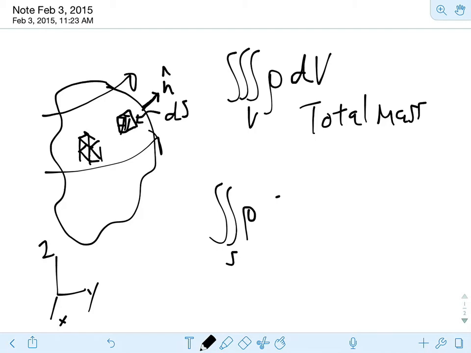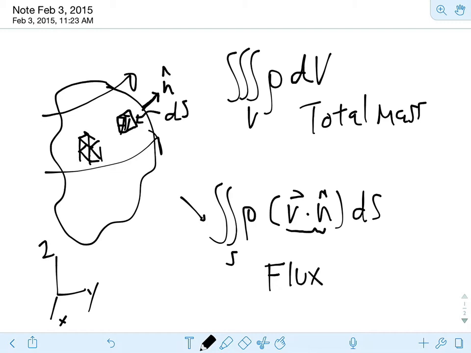And the amount of the flux is the velocity dotted with the normal, dS. So if this is positive, it's positive out, due to the normal convention being positive out. This right here is a measure of the volume flux. V dot n is how much flow you're getting through the surface of the control volume. We integrate that over the entire surface of the control volume, and this is the flux of mass. This is in kilograms per second.